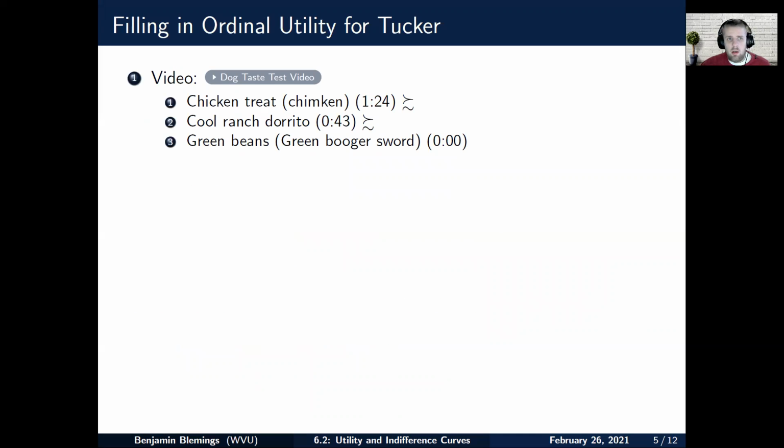I have this example here, which is about the utility that a dog gets for consuming different types of food. You can click it here, and it's a dog taste testing different types of food.